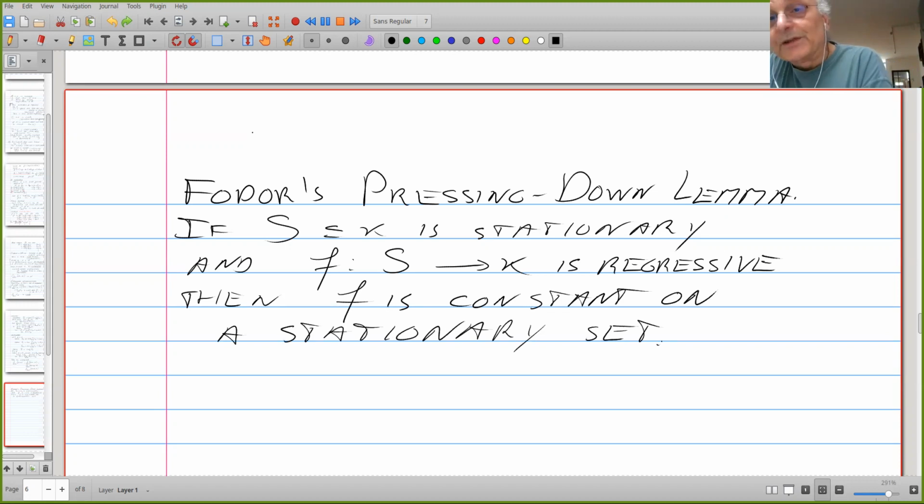If you have a stationary subset S of a regular uncountable cardinal kappa and you have a regressive function on that, so f(alpha) is less than alpha all the time, except for alpha equals 0, then you can find a stationary set which is a subset of S. So you shrink your given stationary set to one that is still stationary, on which the function is constant.